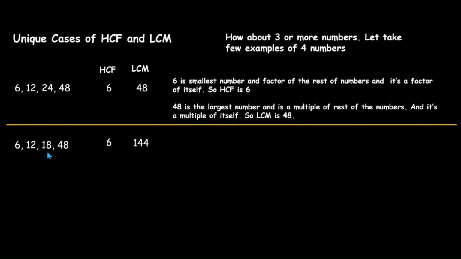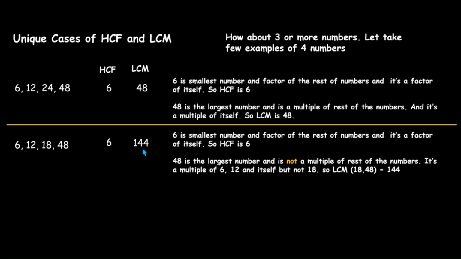But it is not a multiple of 18. So in this case, all that we need to do is to calculate the LCM between these two numbers, 48 and 18, and we get 144 as the LCM. We don't need to calculate for all the numbers. Whichever numbers the largest number is not a multiple of, only between those numbers we have to take the LCM.